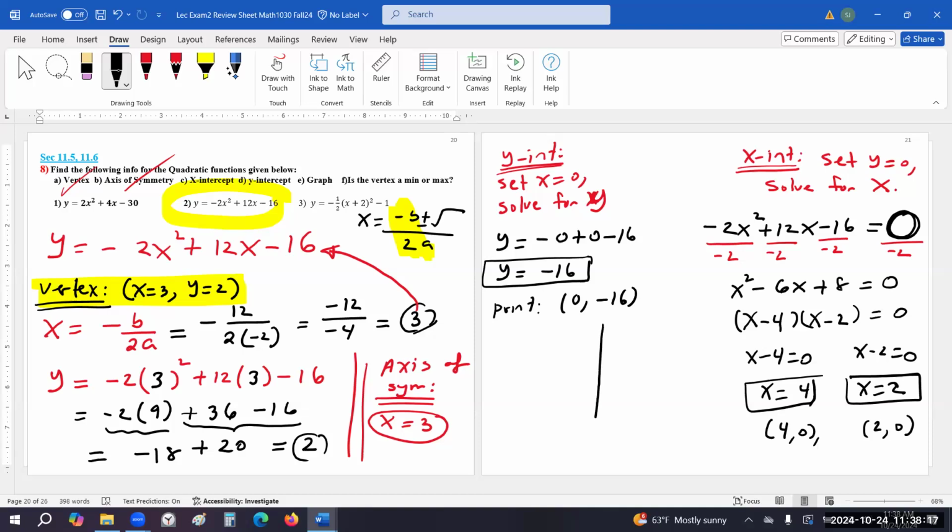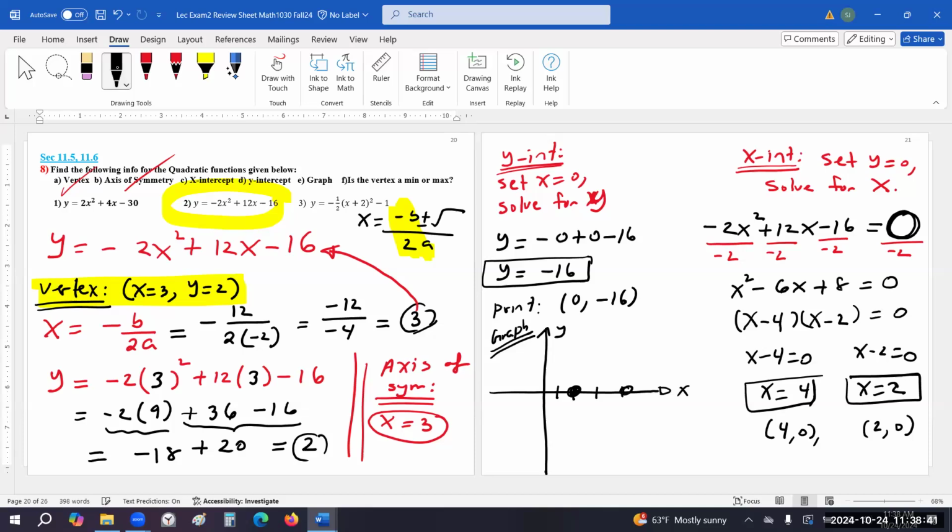So finally, we go for graphing. 4 and 2 were positive, so let me draw. Our x-intercepts are 4 and 2. So 1, 2, 3, 4.